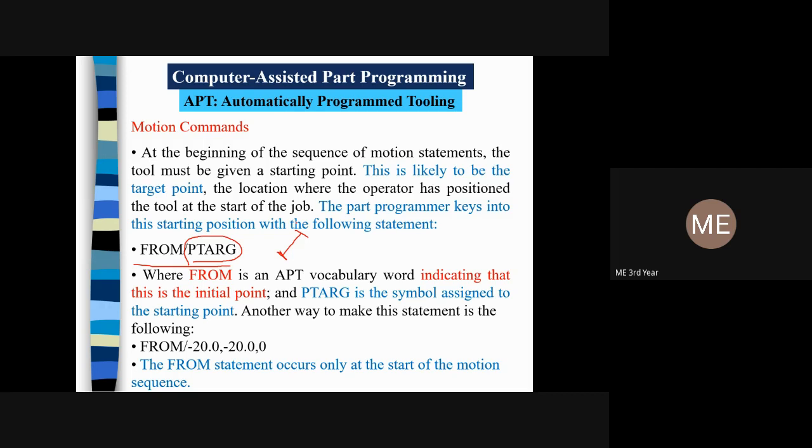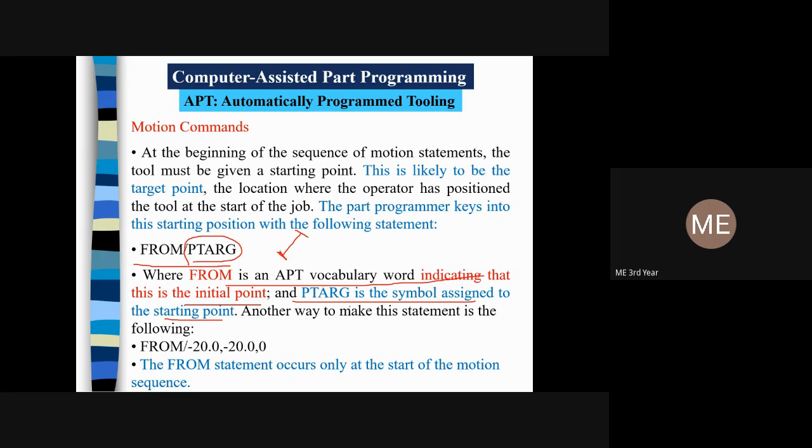So PTARG is where the tool starts its movement, and GOTO is the command where the tool needs to go. So this is FROM -20, 0. FROM is an APT vocabulary word indicating that this is the initial point, and PTARG is assigned to the starting point.